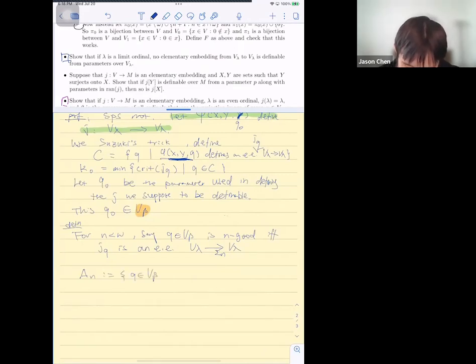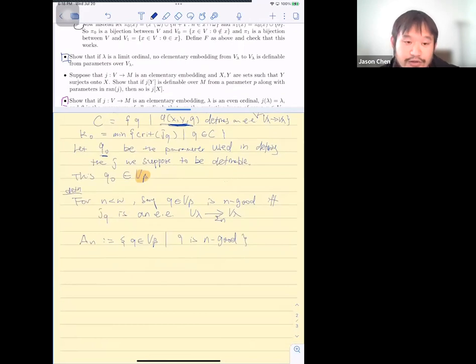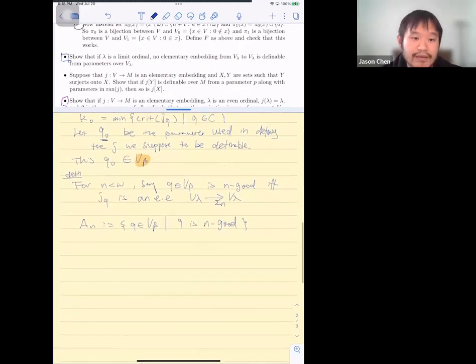Now define A n to be the following set. It's all the parameters from V beta, remember, V beta is where Q0 lives, with the same rank as Q0, that are n-good. So A n collects the n-good parameters.